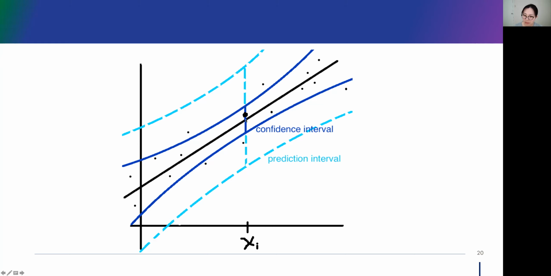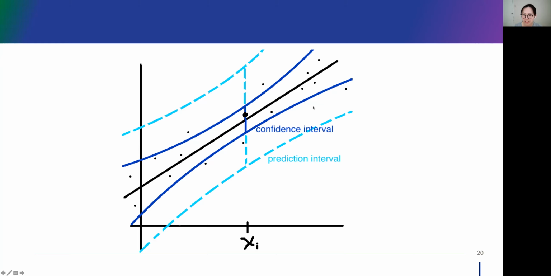This would be my y hat for this given xi. But if the true data is somewhere here, we have our predicted data being at the regression line, but the true data could be here or could be upper, so it has some variability or some uncertainty on this prediction.